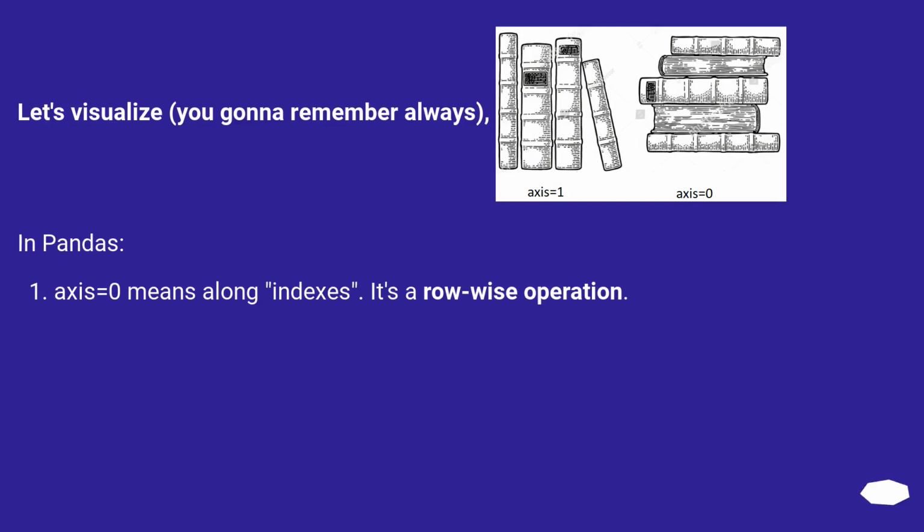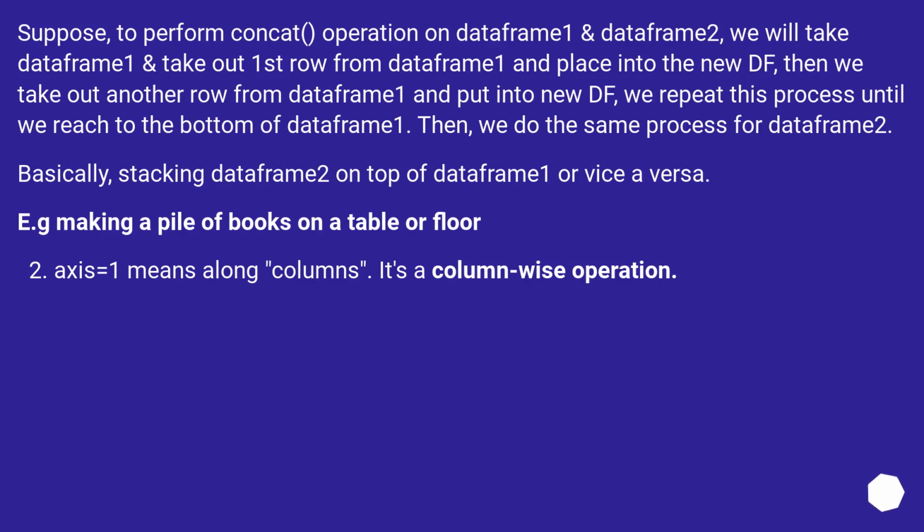Let's visualize. You're going to remember always. In pandas, axis equals 0 means along indexes. It's a row-wise operation. Suppose we perform a concat operation on dataframe 1 and dataframe 2. We will take dataframe 1 and take out the first row from dataframe 1 and place it into the new df.